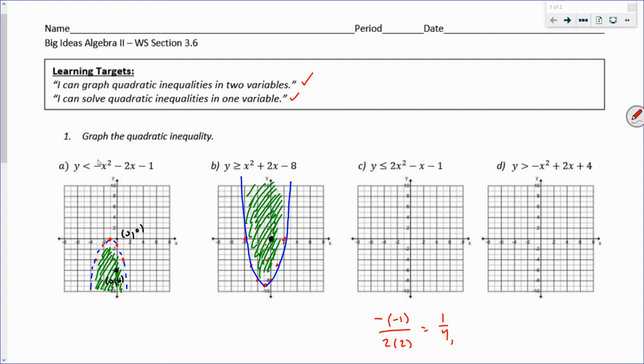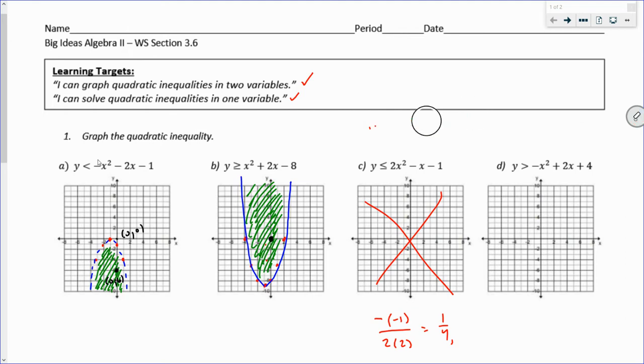This is a really silly problem. So we're going to have a vertex of 0.25, comma, negative 1.125. Really silly problem. Sorry. I shouldn't be using this one. Let's skip. I don't like those decimals at all.